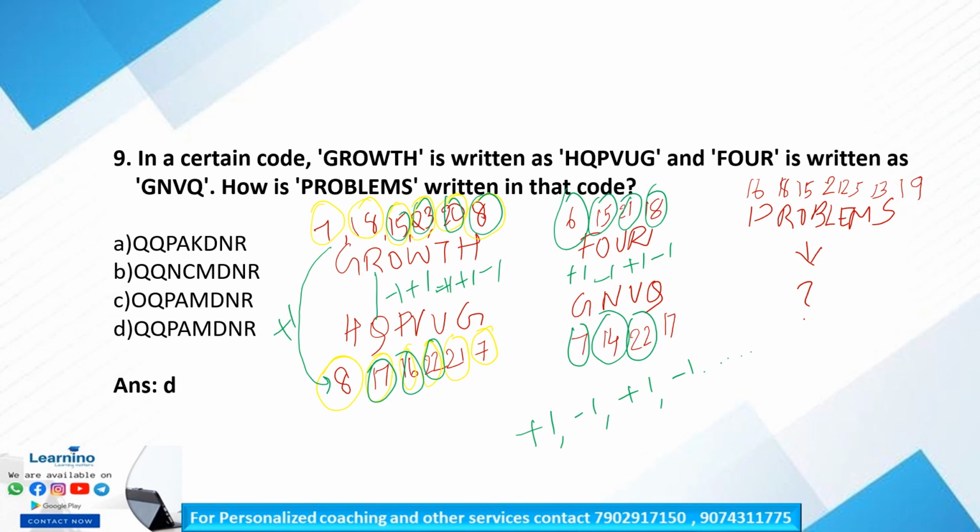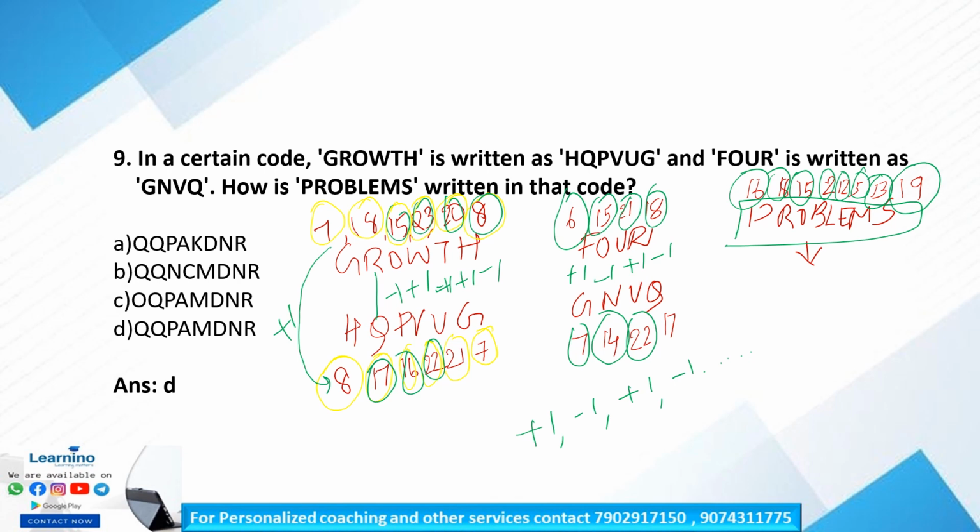So according to our code, we have to find the answer of this question. Okay. So we have been given PROBLEMS. So the corresponding numbers of PROBLEMS is, for P it is 16, for R it is 18, O 15, B 2, L 12, E 5, M 13 and S 19. Okay.